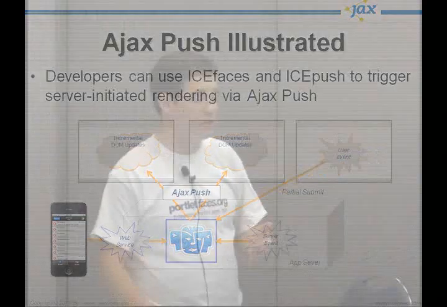Or maybe we have a stock price that's changing, and we need to alert other users that are looking at our application of these events that are taking place. And so what ICEfaces does is it runs the JSF lifecycle and it automatically figures out what needs to be inserted into the DOM in other browsers, and then uses Ajax Push in order to provide those incremental DOM updates. And I'm going to show you how this works today.